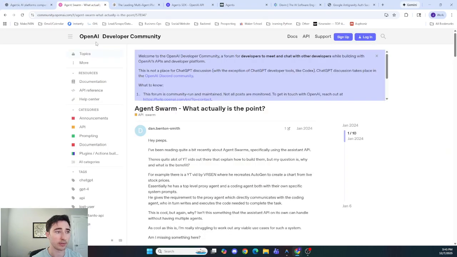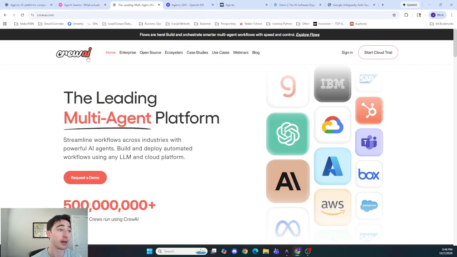A couple of examples of this: OpenAI has the agent swarm, which I've never used, and I probably will never use it. Some people say that it can be good, but the problem is that it doesn't have an easy user interface. You have to use the APIs and do all this stuff around it that I don't really want to get into, to make this video short. And then you have Crew AI, which is a bit more user-friendly from my understanding.